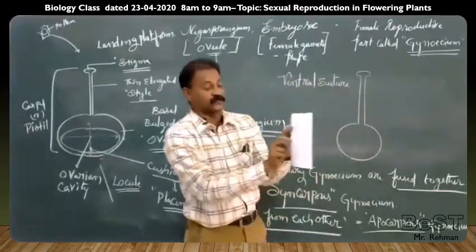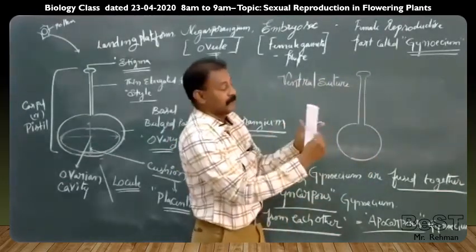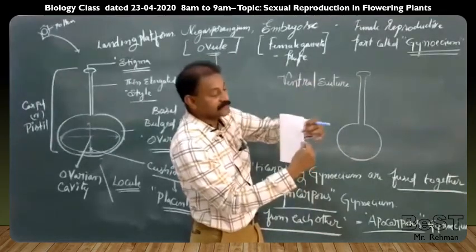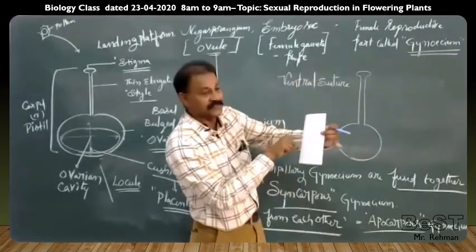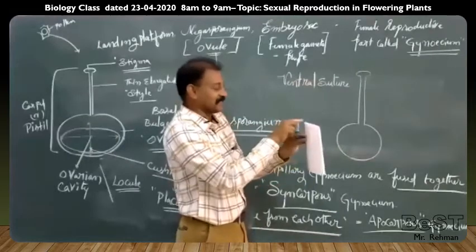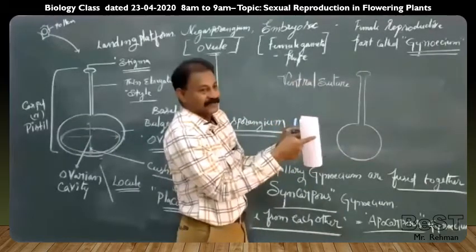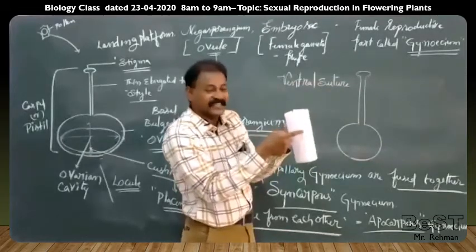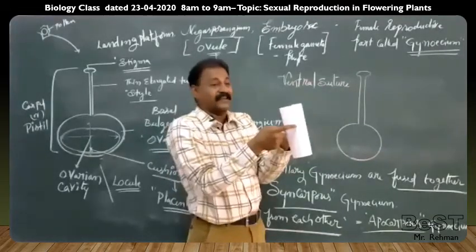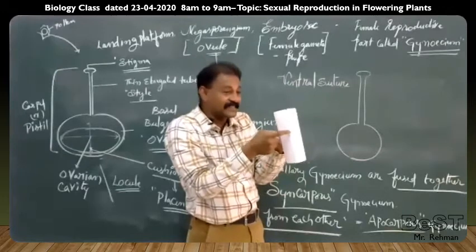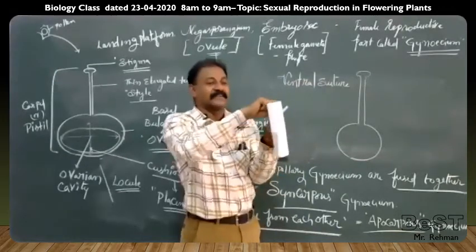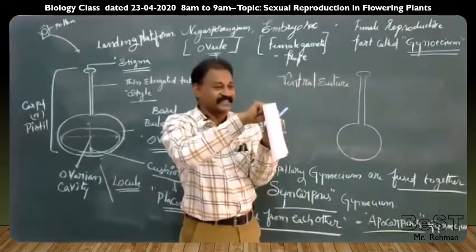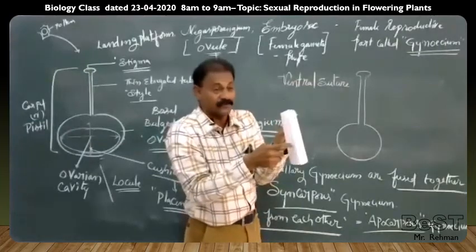This is ventral suture. Now, what is dorsal? Opposite to the ventral is dorsal suture. So, in some plants, when fruits are formed, if they are able to dehisce and liberate their seeds, they may break at the ventral suture to liberate the seeds, or they may break at the dorsal suture.